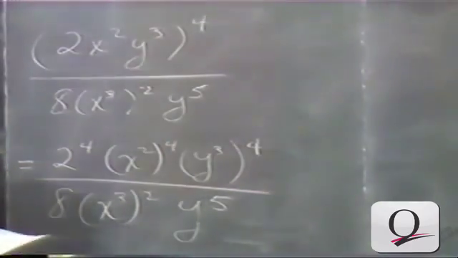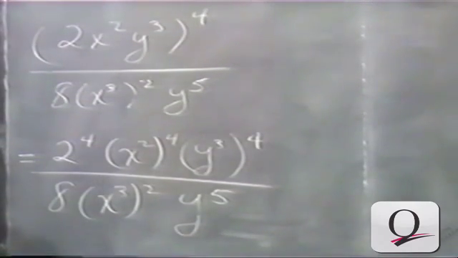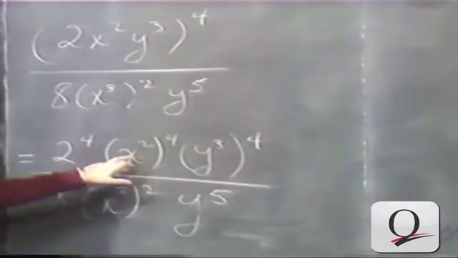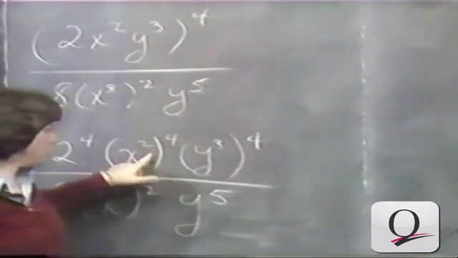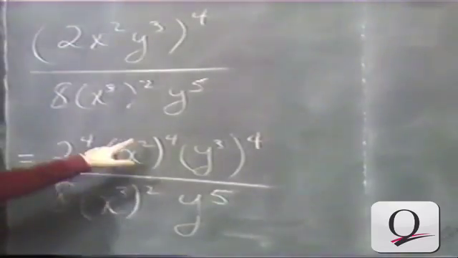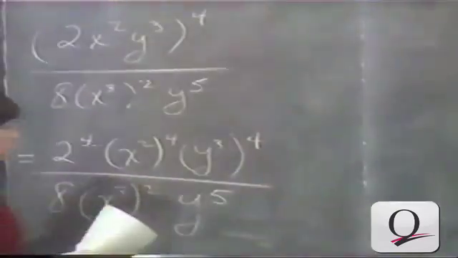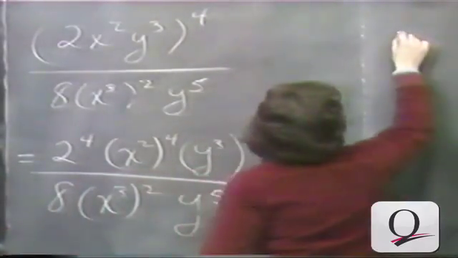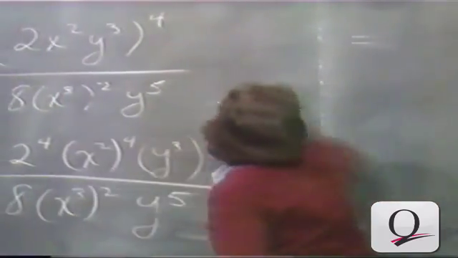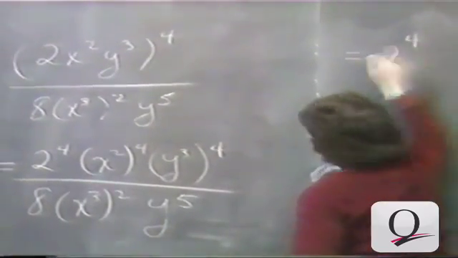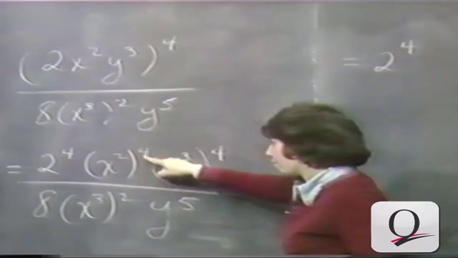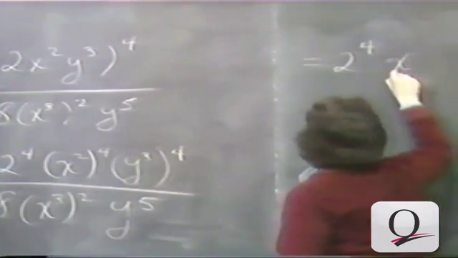Now we're going to make use of the rule for exponents that said a to the m to the n is a to the mn. That was the third rule. We're going to use it 3 times, here, here, and here. In each case, we have a power to a power. This is going to give us 2 to the 4th, which we'll leave alone right now. X squared to the 4th, that's x to the 8th.